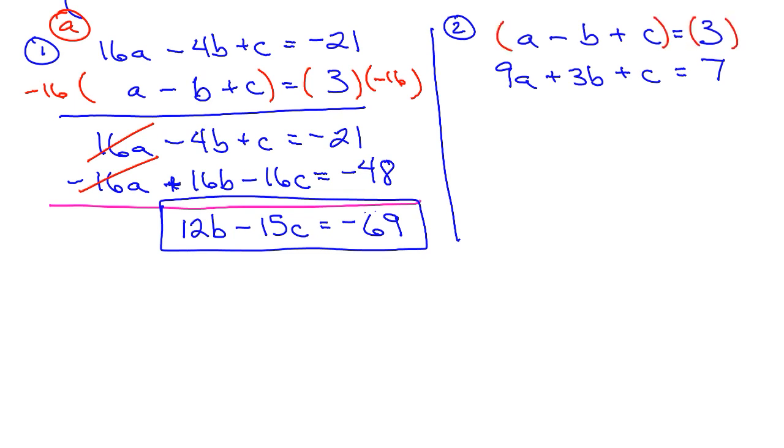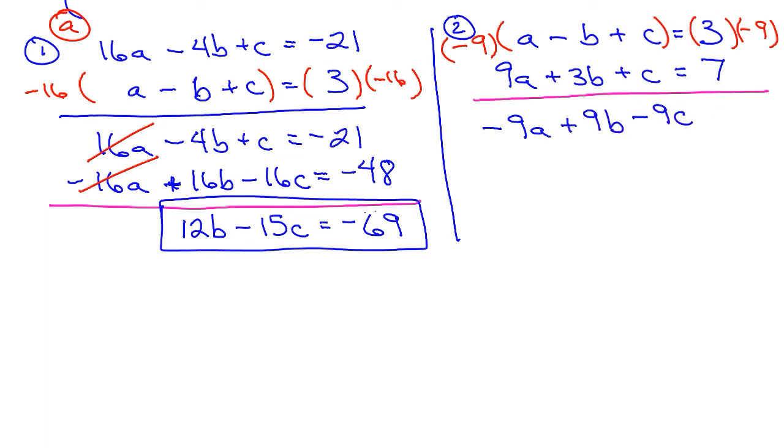To add and eliminate, I'm going to multiply the top equation by -9. That gives me -9a plus 9b minus 9c equals -27.